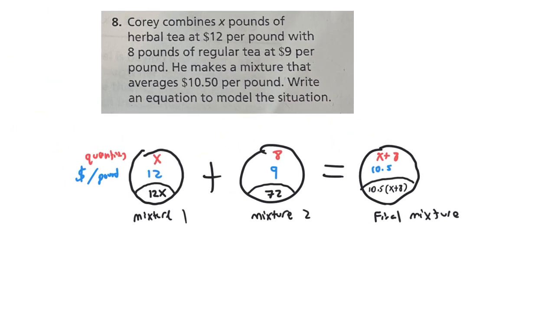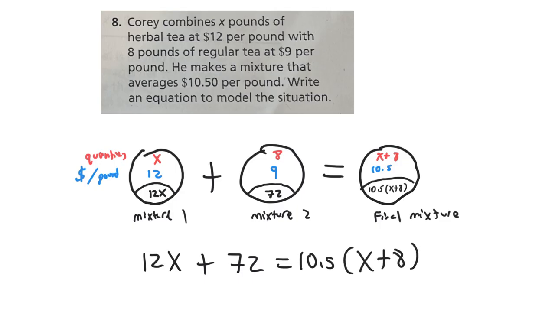It's this bottom part that gives you an equation to solve for x, an equation that models the situation. So that's 12x plus 72 equals 10.5 times (x plus 8).